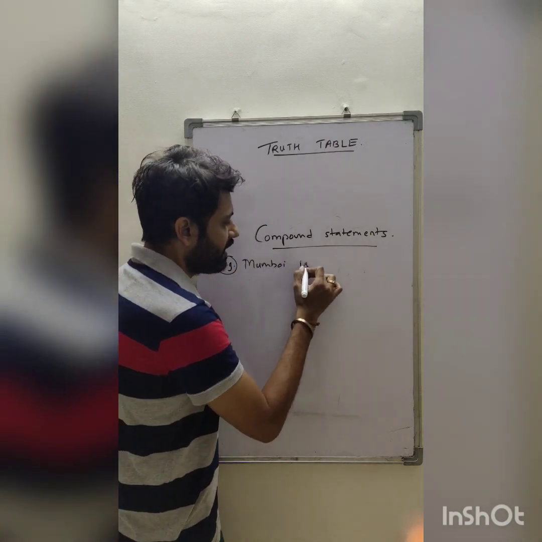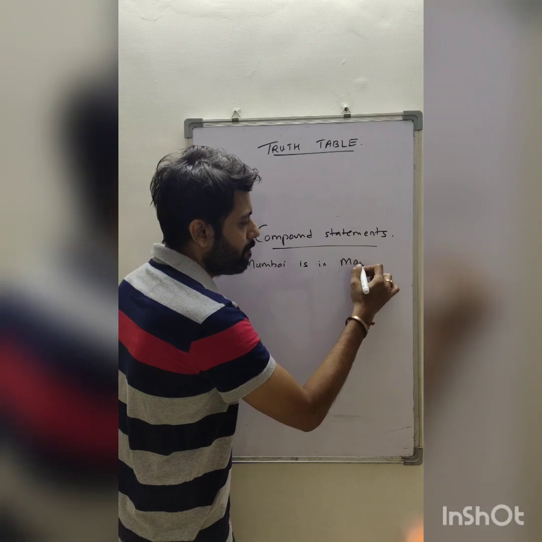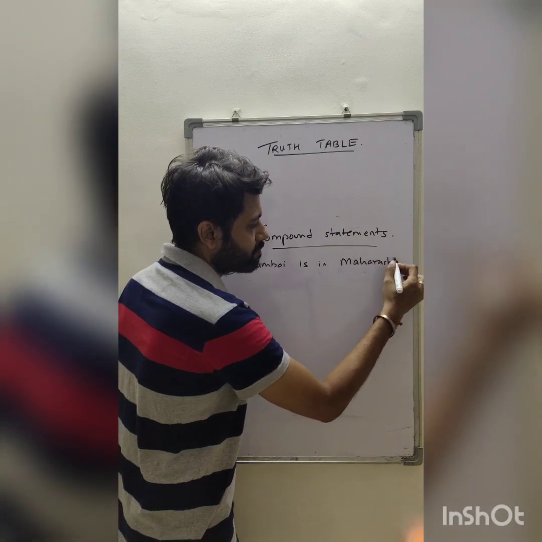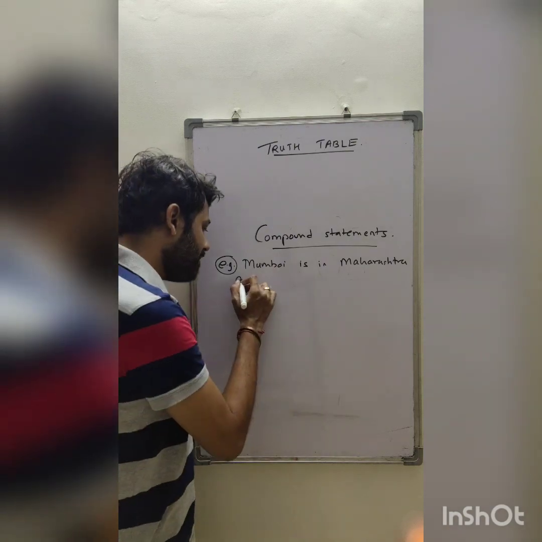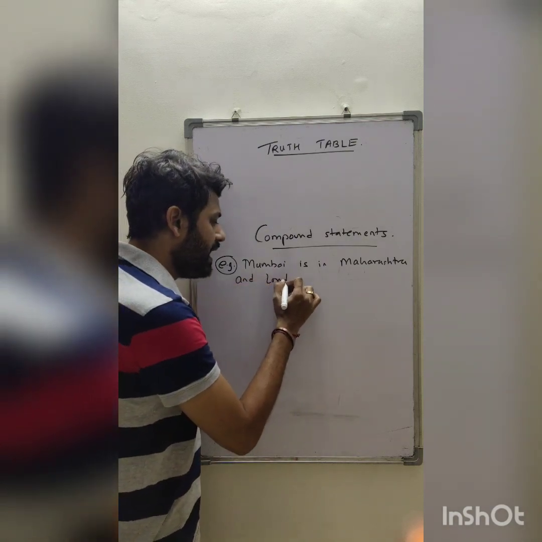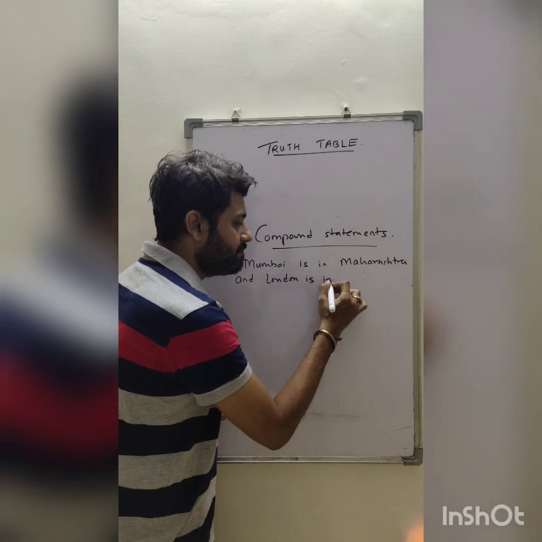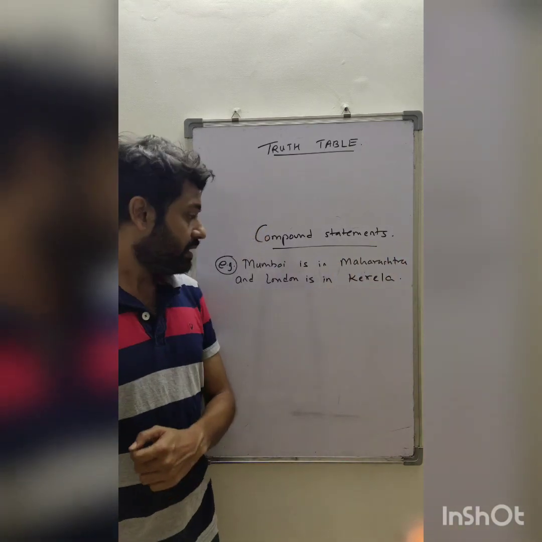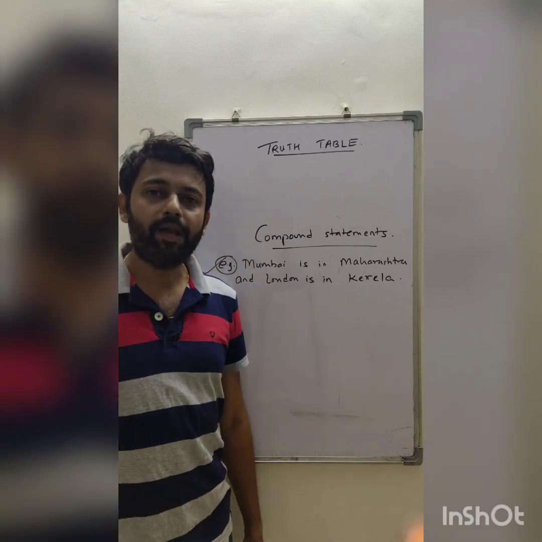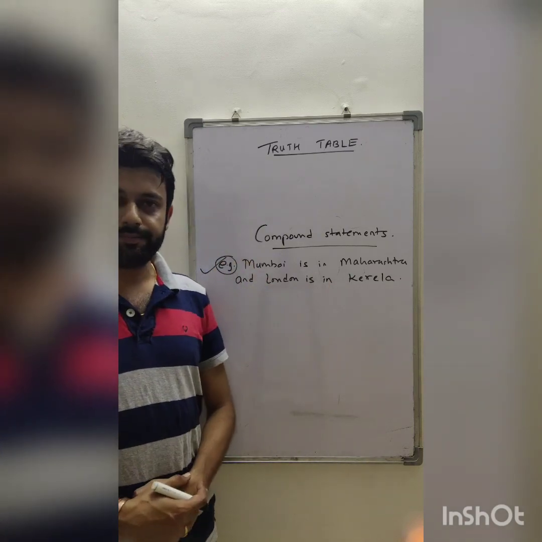Mumbai is in Maharashtra and London is in Kerala. This is an example of a compound statement.